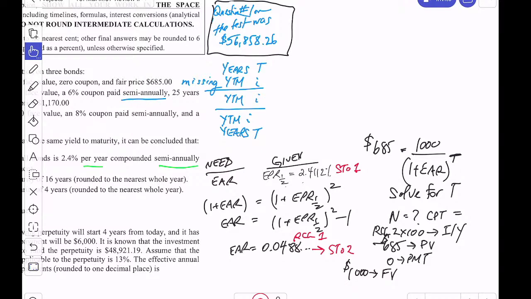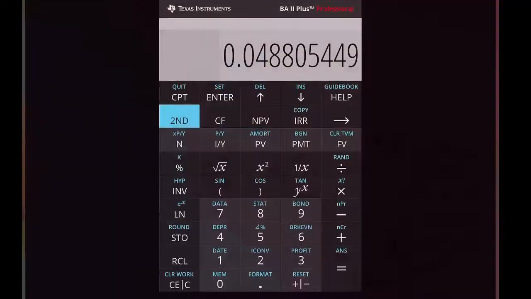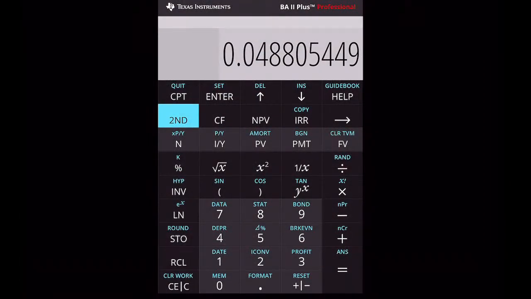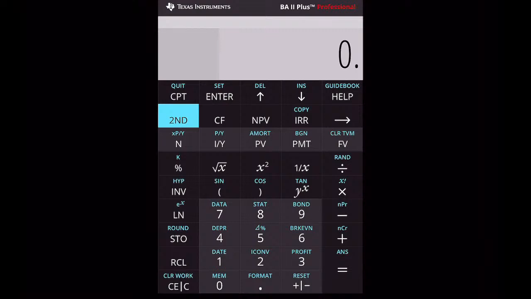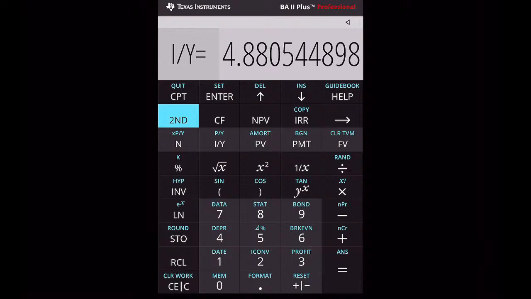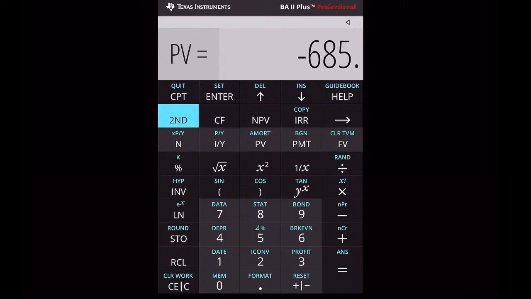So let's do that together. I'm going to go back and take this value and store it in 2, and then I want to find N. I'm going to recall this and multiply it by 100 to put it in the interest. I'm going to put negative 685 into PV.